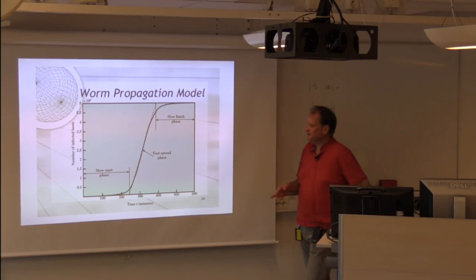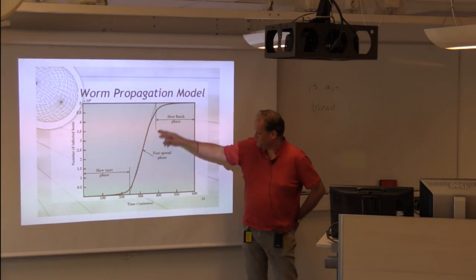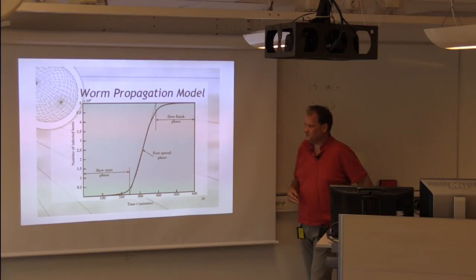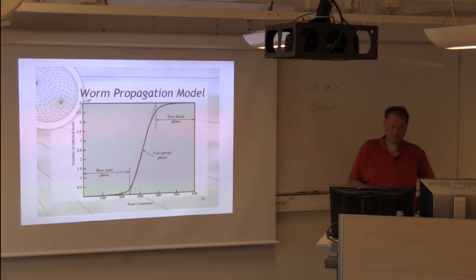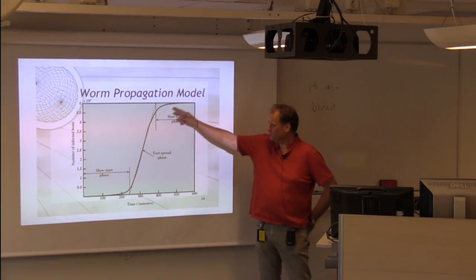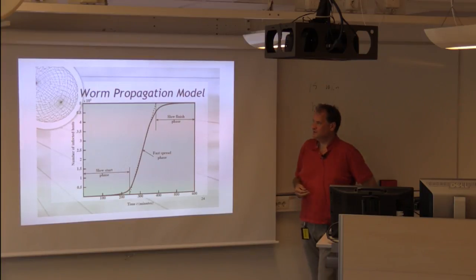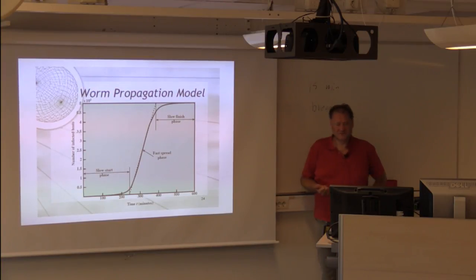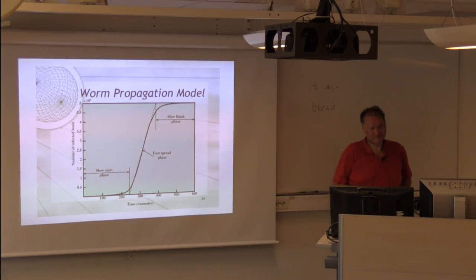And then we have what we call the fast spread phase, and this is where we spread mostly. It will be limited, and eventually it will start to slow down. The reasons for that are several.